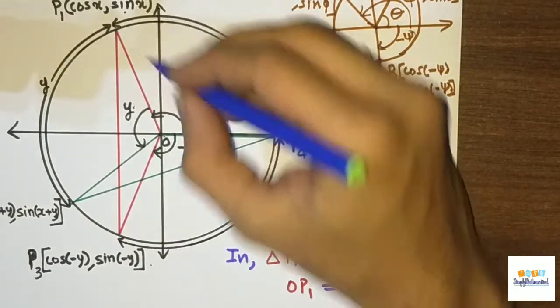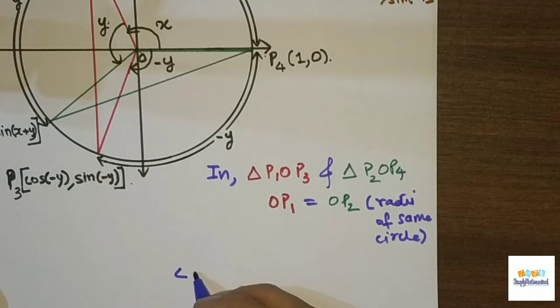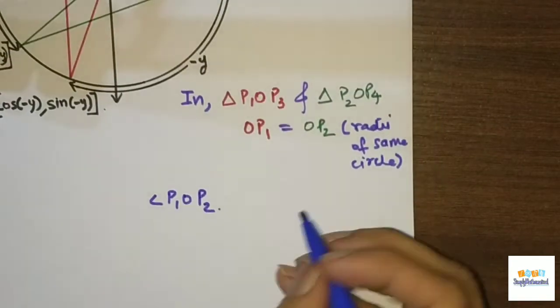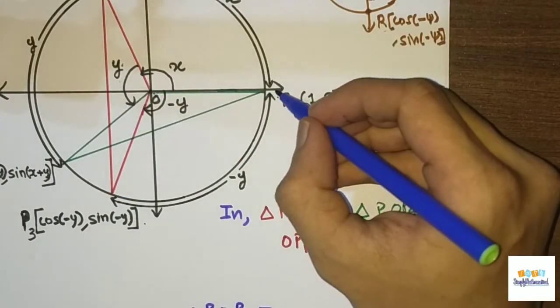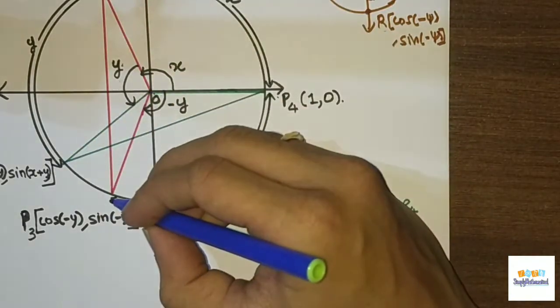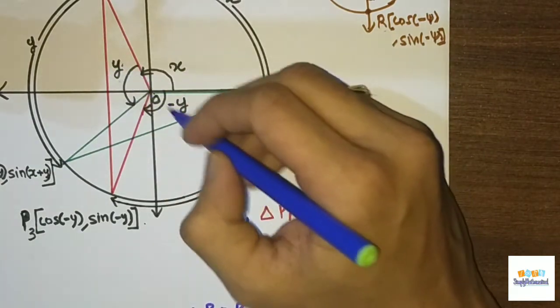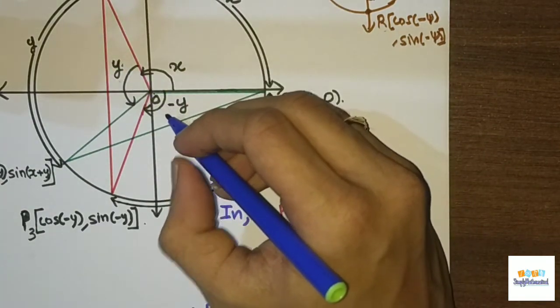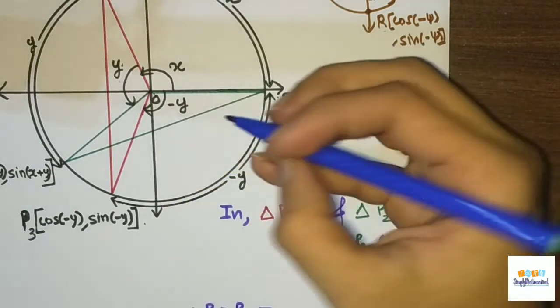So you have angle P1 O P2, right here, which is equal to P3 O P4. This P1 O P2 is equal to P3 O P4 because the measures of the angles are the same, y and y. Yes, the sign is negative, but we are not looking at the direction. We are only looking at the magnitude of the angle.